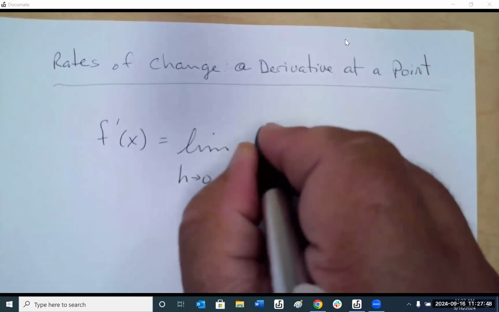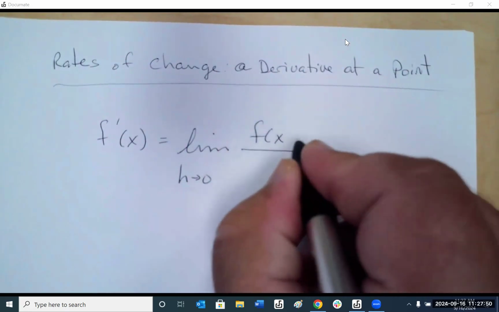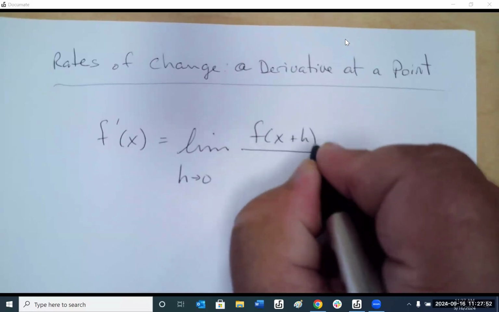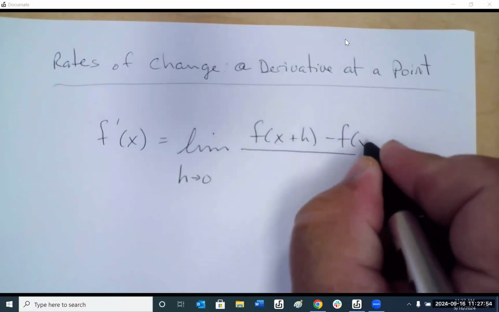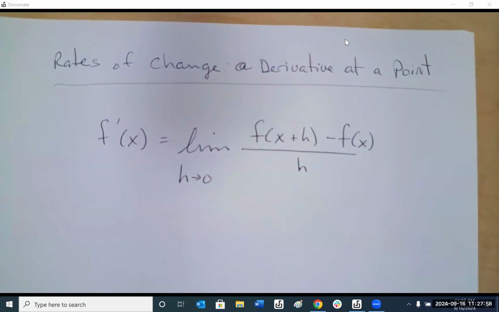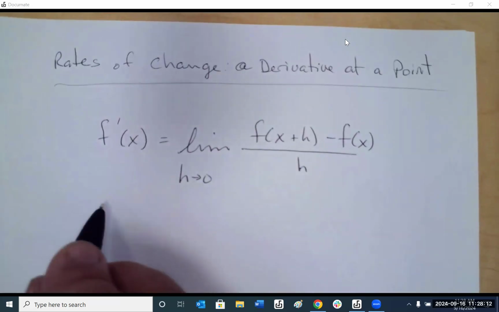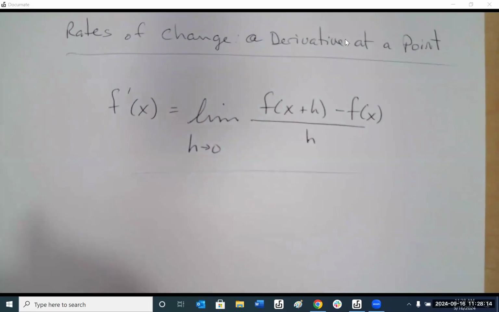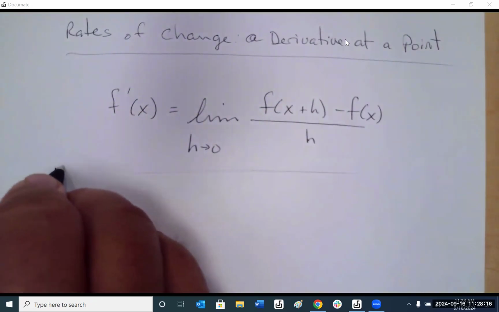So we're going to be defining our derivatives like this from now on. Well, for the short time being. Where x could be any value x we're looking at. Next example. So let's look at example 2.